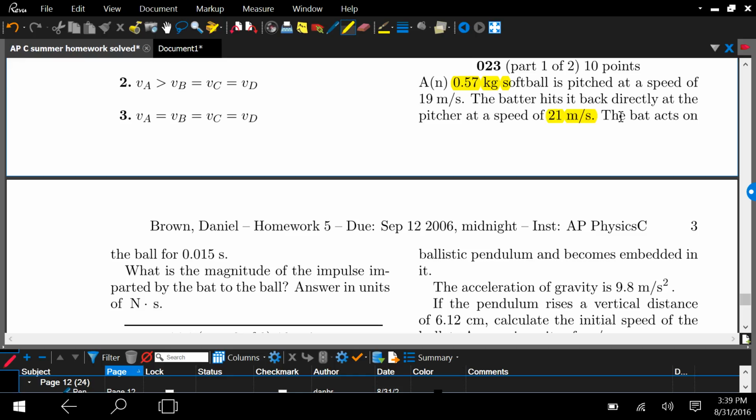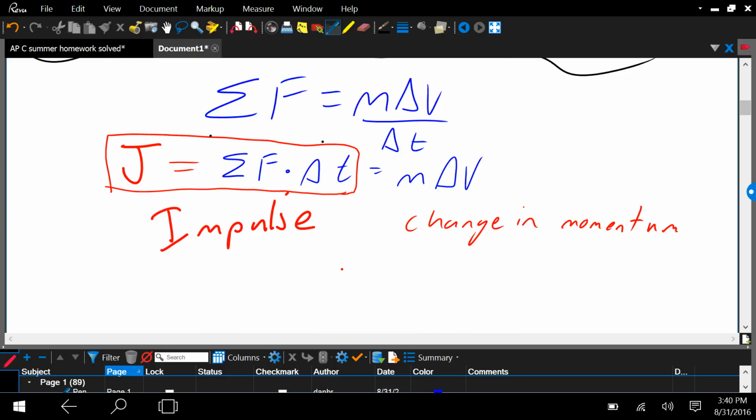I have a speed after the ball is hit and a speed before the ball is hit. So that's going to give me three things that I know: mass, VI, and VF. It's pretty obvious, looking at the equation, what kind of information we're given. We're given the right-hand side of the equation, and when we find that, since it equals the impulse, we've found the impulse.